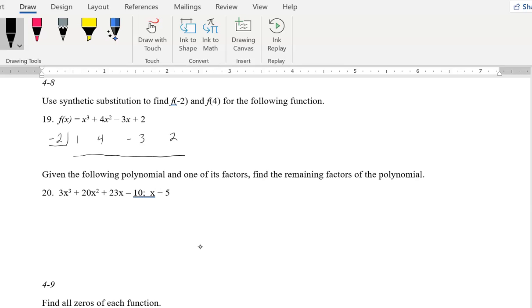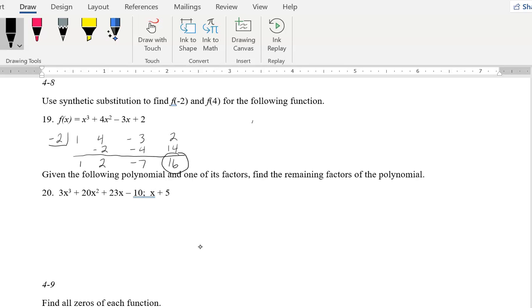It will be the output. So bring down the first number, -2, +2. 2 times -2 is -4, it's -7. 14 plus 2. So my answer for input -2, when I substitute -2, I should get output 16.